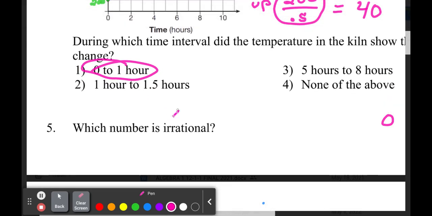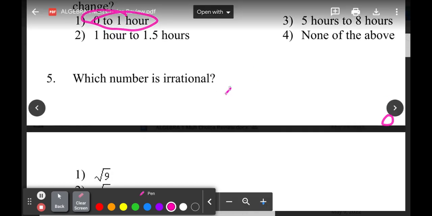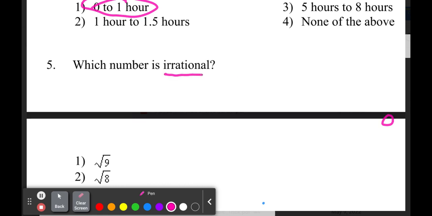Okay. All right, number 5. I don't know if your formatting is off, but mine is a little sus. Which number is irrational? Again, they love these on Regents exams. Irrational means it's a number that goes on forever and there's no repeating pattern.